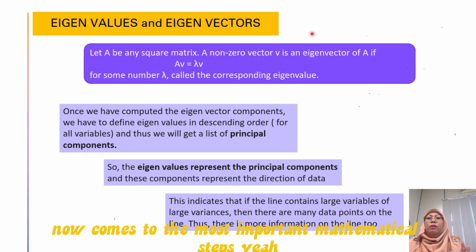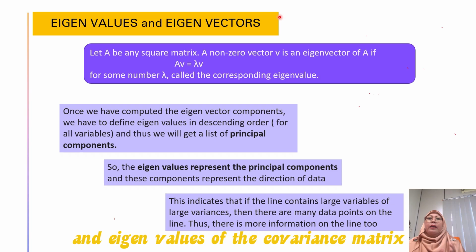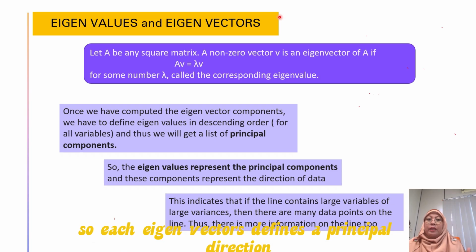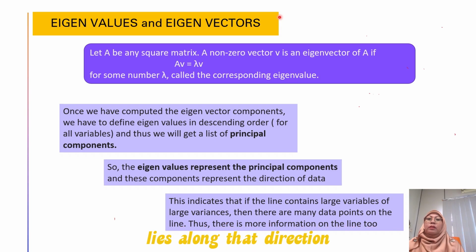Now comes the most important mathematical step. We compute the eigenvectors and eigenvalues of the covariance matrix. Each eigenvector defines a principal direction, and each eigenvalue tells us how much variance lies along that direction.